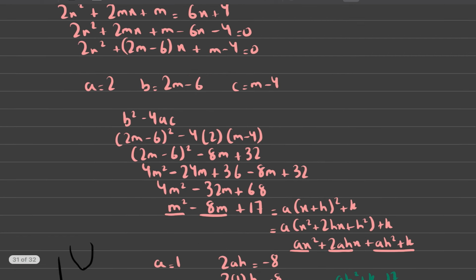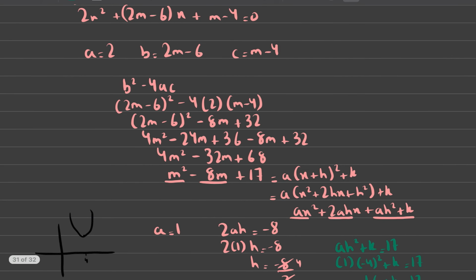अब बच्चों ने एग्जाम में क्या करा था? They tried solving this. Let me show that to you. So my A is 1, my B is minus 8, and my C is 17. So minus B, that's minus 8, plus minus 8 square minus 4 into 1 into 17 divided by 2 into 1.